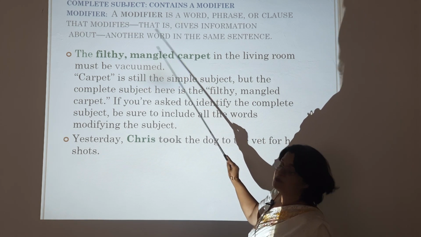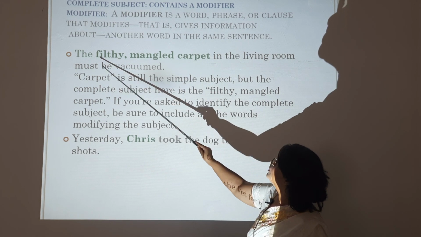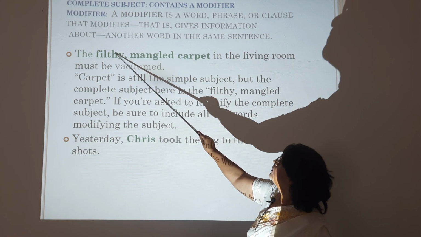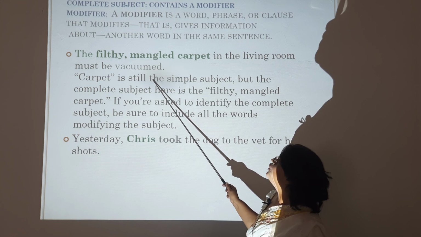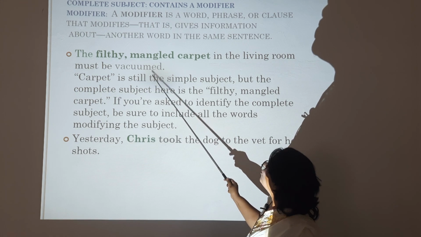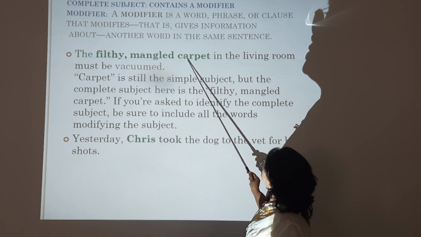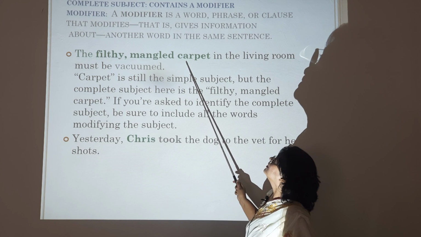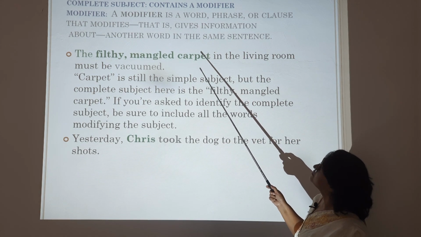Here the description of the carpet is the filthy mangled carpet. So the subject becomes the filthy mangled carpet. Alright? Such sentences, where you have the addition of words in the subject which modify a subject and give more information about the subject, are called a complete subject.